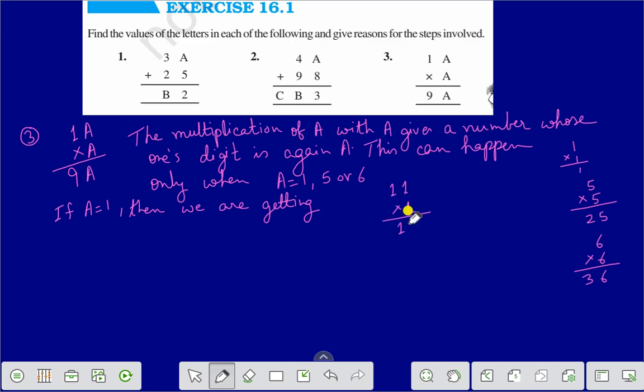But this is not possible, right? Because the answer is 9a, it is not possible. This answer is wrong. Therefore, a is equal to 1 is not possible.